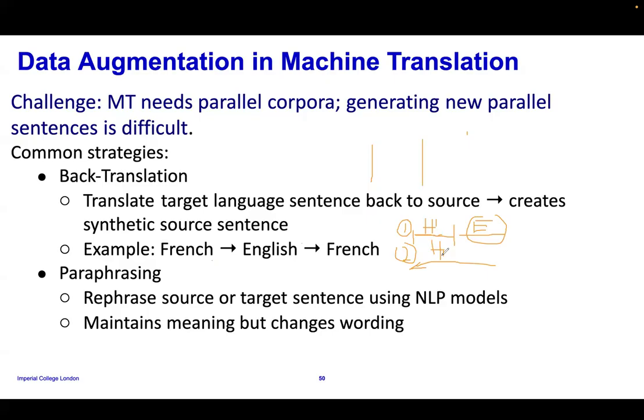Yes, it's possible. So from one sentence, you have two sentences. So you now do data augmentation. If you have 100 sentences, you have 200 sentences for Hausa. You expand your data. That is data augmentation.